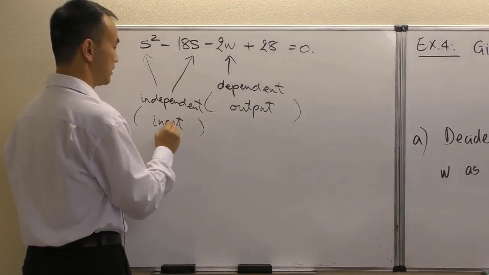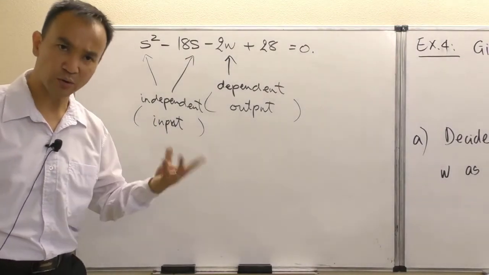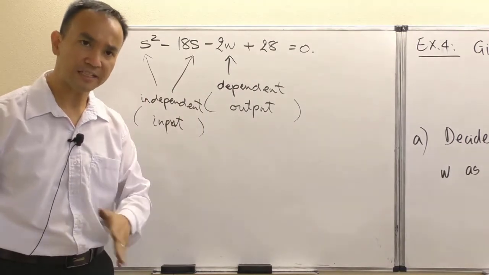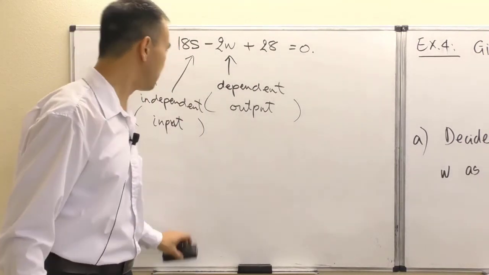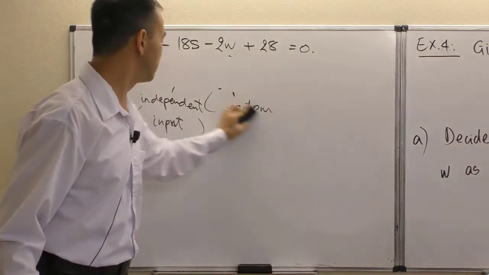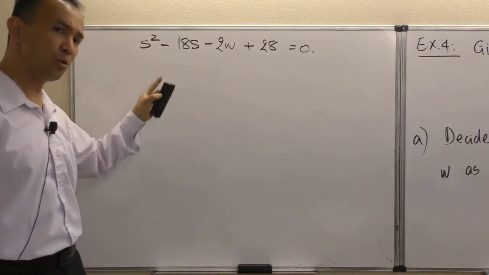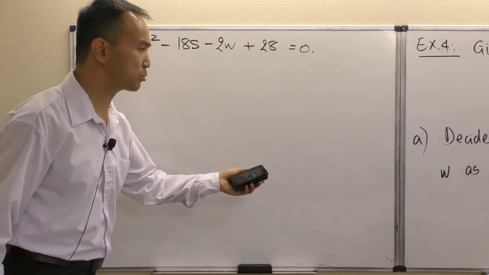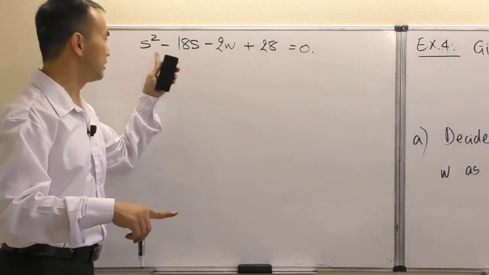We definitely don't want to bring up tables anymore, because trying out values throughout a table is a very lengthy but ineffective solution. We will never reach what we need to decide. So let's get straight to the point. You have an equation and you want to decide whether you can express w as a function dependent on the s variable.